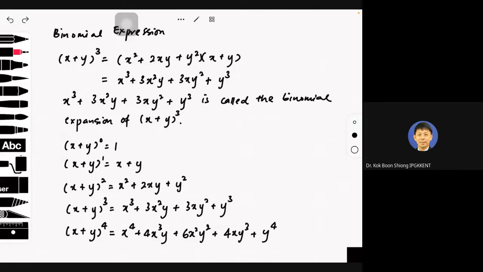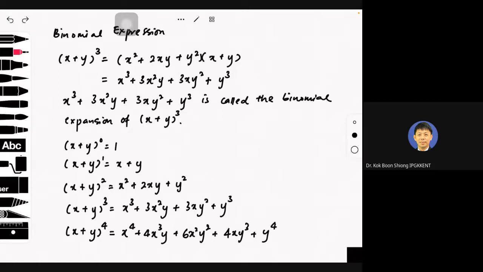So our topic for this week is binomial expansion. We know (x+y)^2 equals x squared plus 2xy plus y squared. In order to find (x+y)^3, we take (x+y)^2 and multiply by (x+y).